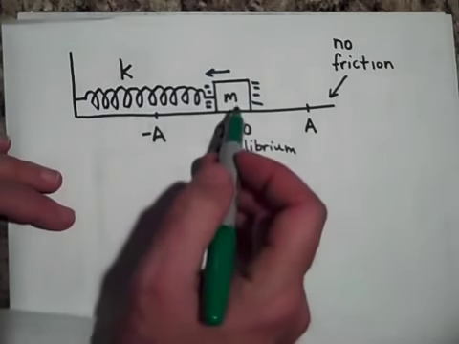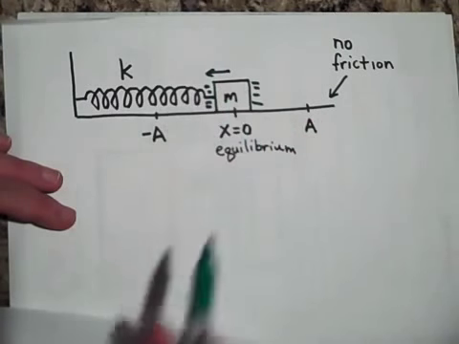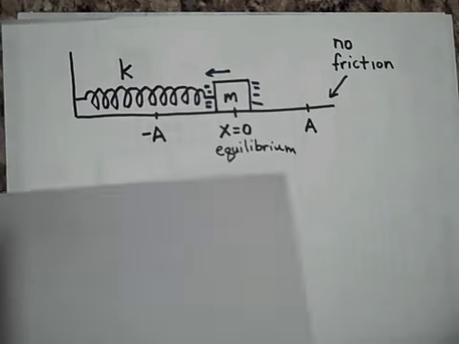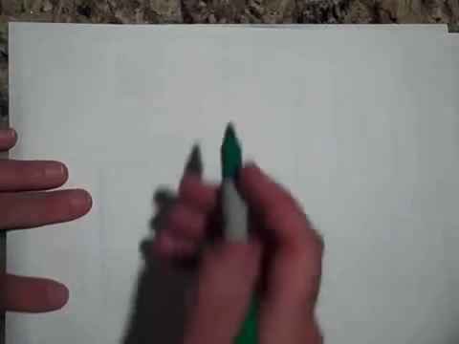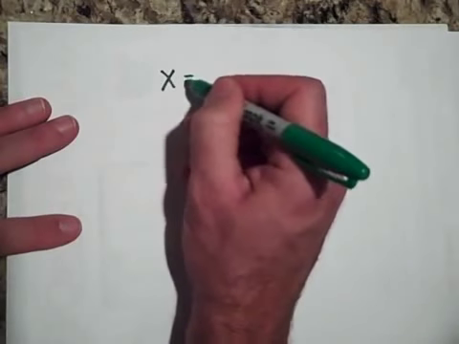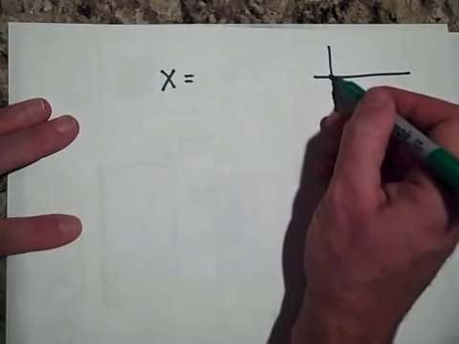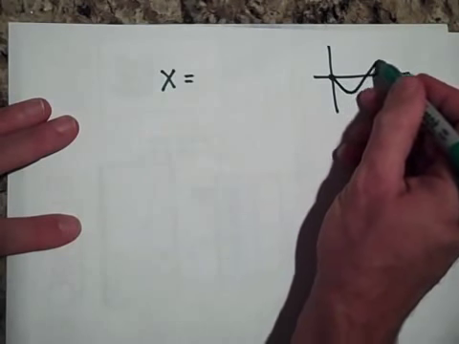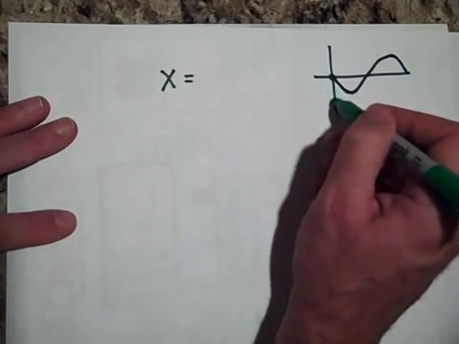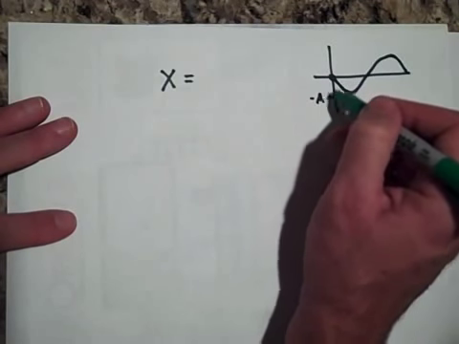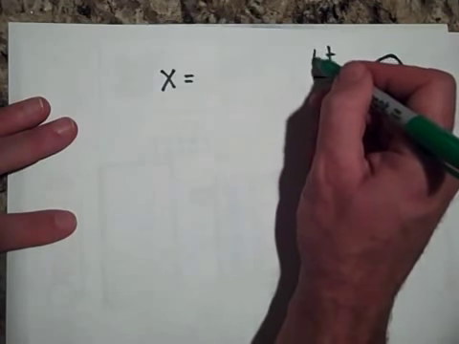At t equals 0, it's got to be at 0, but it's got to be moving in the negative x direction. Well, this is the function we would want to use. It starts at 0, but it's moving down first, into negative territory, toward negative A, not positive A.